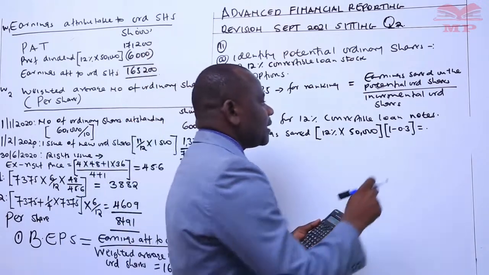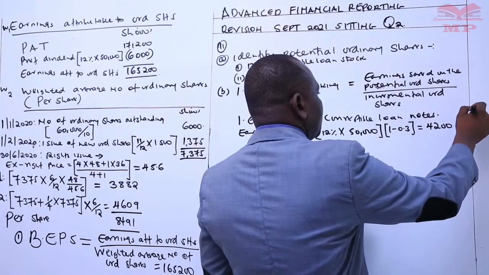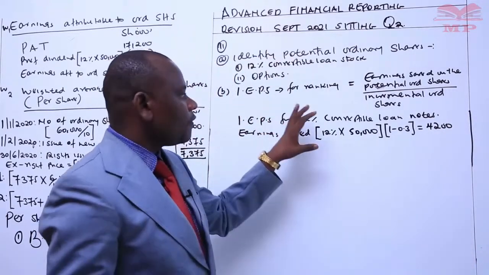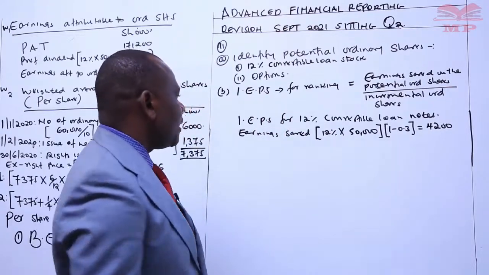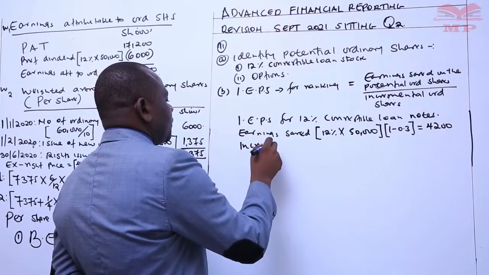So the interest that the company is going to save as a result of the 12% convertible loan notes becoming shareholders is 4,200. And then what are the incremental shares, or the ordinary shares?